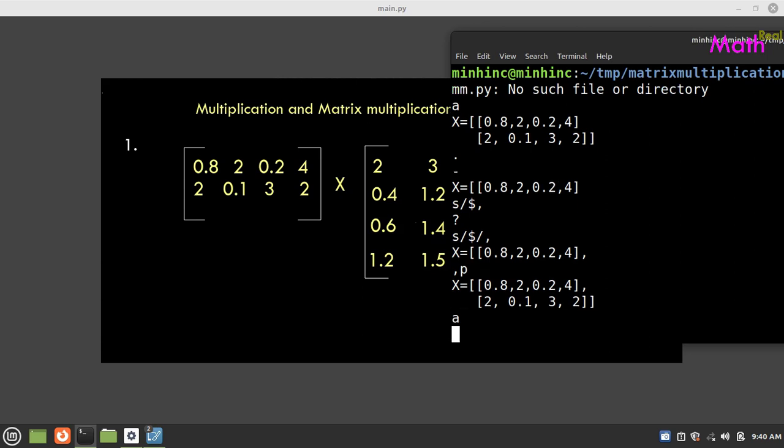Okay, now I have another matrix called W. So we'll copy this matrix.